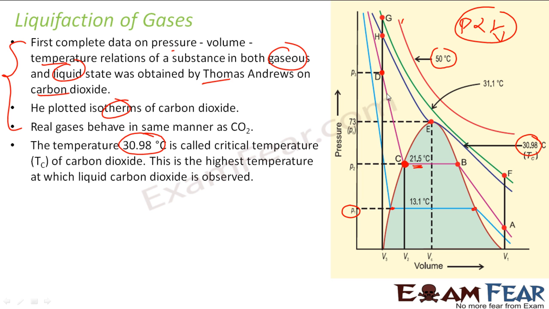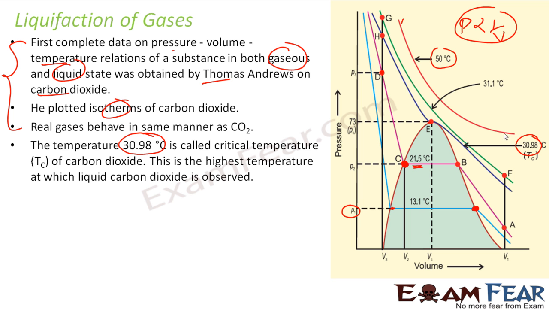Then he decreased the volume, he saw the pressure drop, but he reached V2. Then he decreased the volume furthermore when we saw a fluid kind of state where we had both gaseous and liquid state, because fluid is nothing but gas and liquid. We'll explain in the next slide. So he saw that the pressure didn't change. He decreased the volume a lot, but the pressure didn't change. And then on further decreasing the volume, he found a point where the pressure started decreasing.